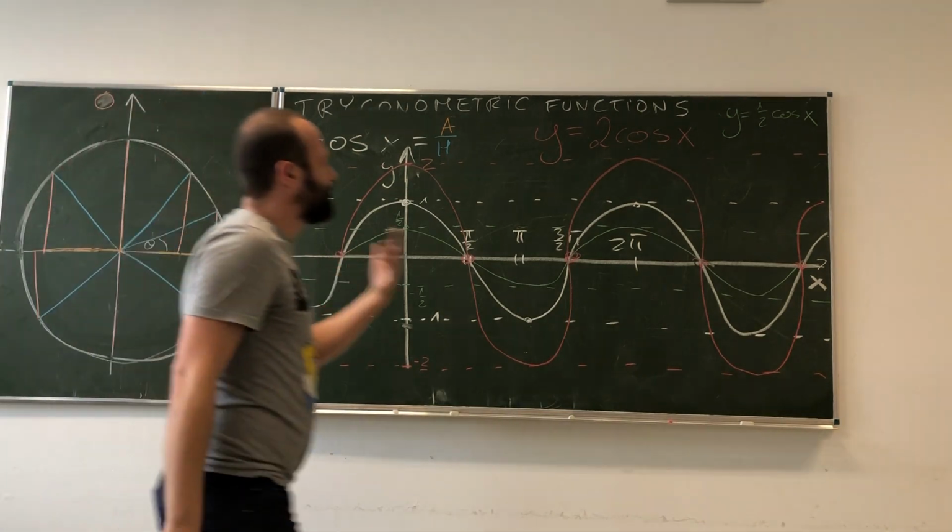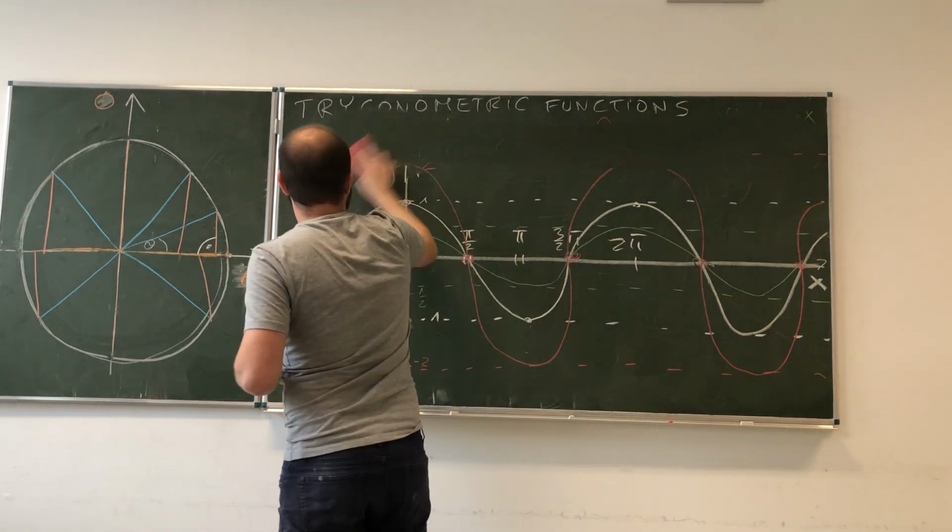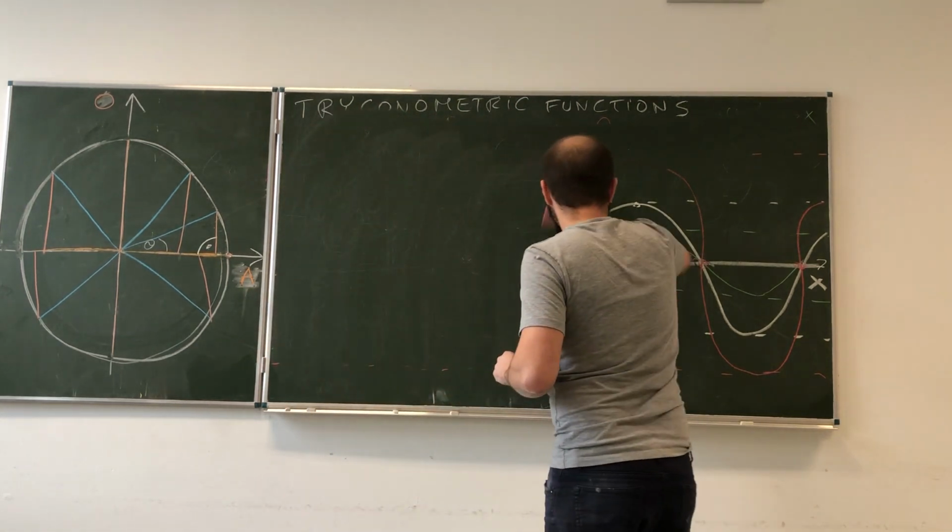Okay, now, we basically covered sine and cosine. We're going to cover, of course, for now just 4 basic functions. So now let's go to tangent and cotangent.